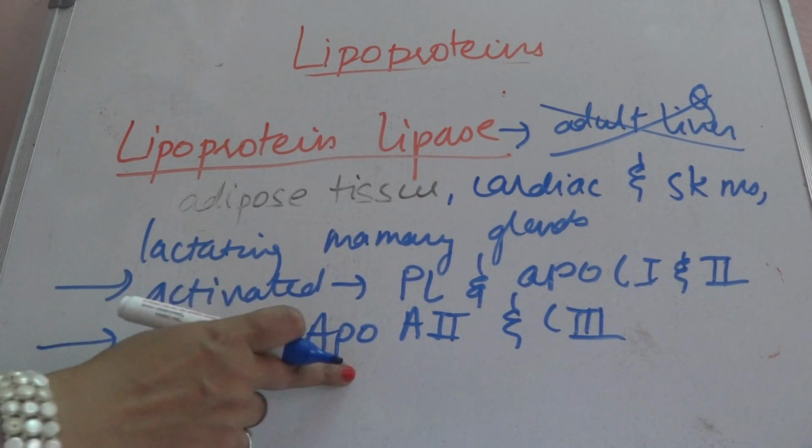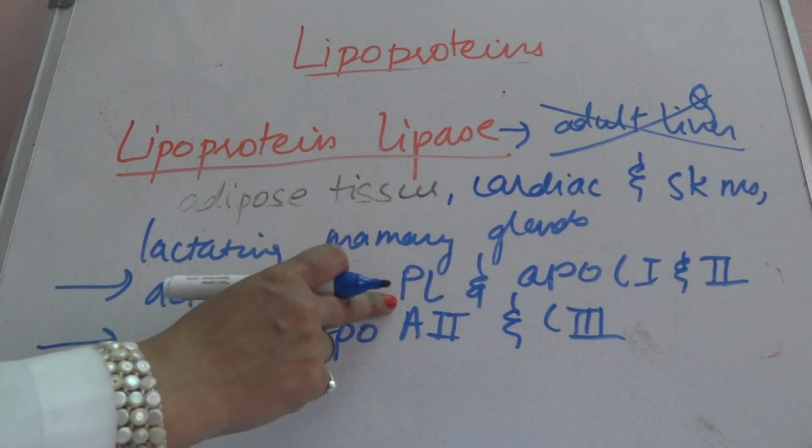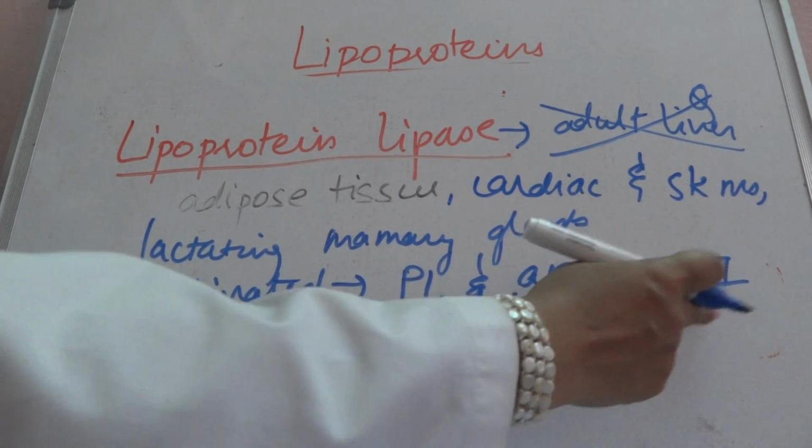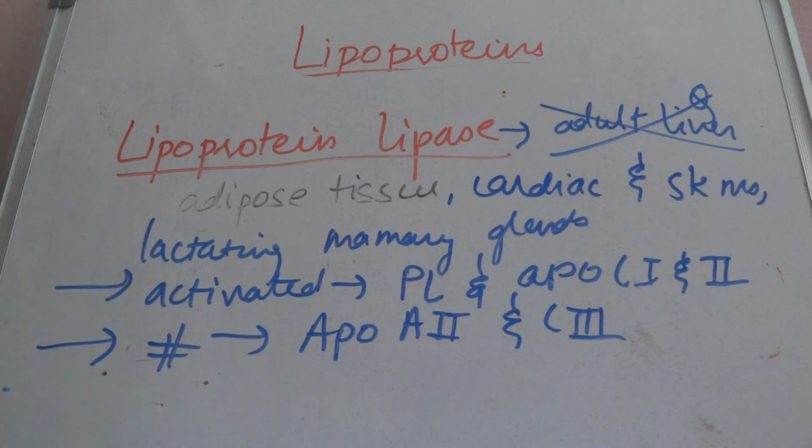So ApoA1, ApoA2 and C3 inhibit lipoprotein lipase, but it is activated by phospholipids and ApoC1 and C2. These points are more important as a part of MCQs, but when lipoprotein metabolism is asked, you have to initially give a small introduction of lipoproteins and write all these points.